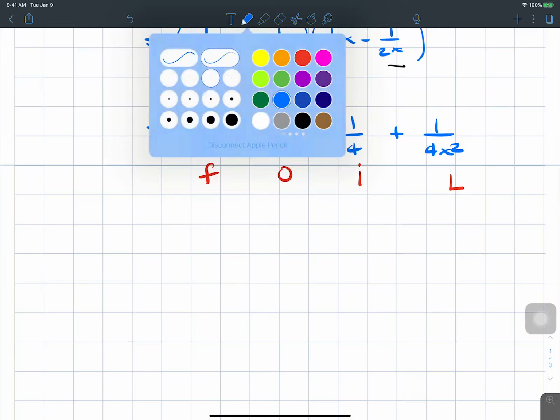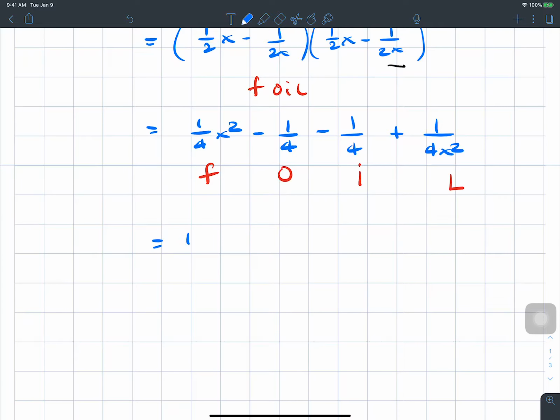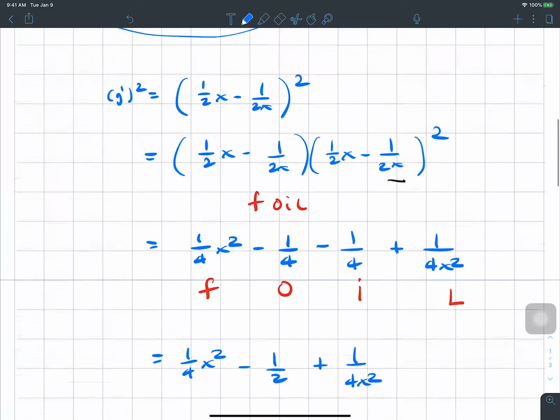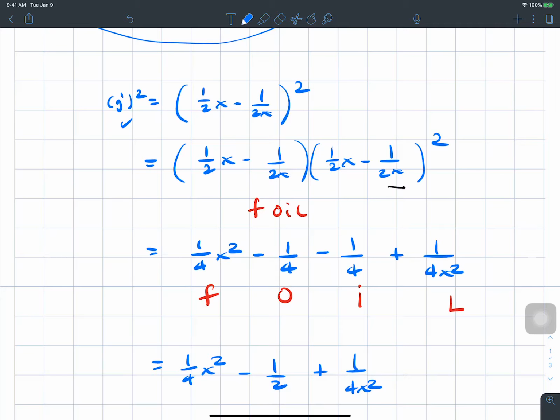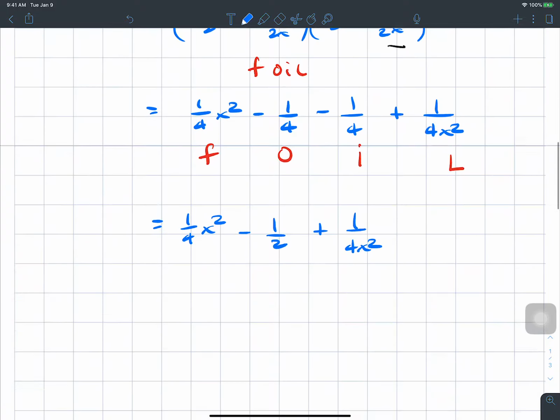So when we go to simplify, 1/4 x squared, really minus 1/2 plus 1 over 4x squared. Now you say to me, this is our derivative squared. We need to add 1 to this.